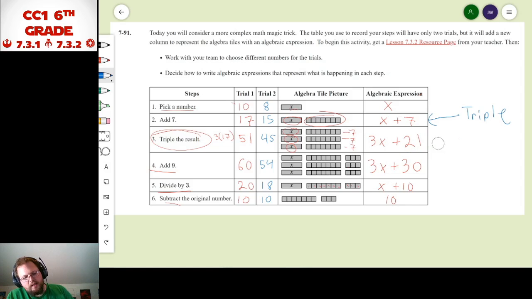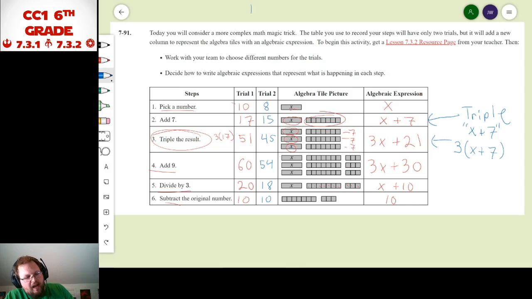When it says to triple an x plus 7, and I'm going to put that in little quotes because you're tripling the entire thing, the way that you can write this in this distributive property is 3 times an x plus 7. If you think back, you've had homework assignments that discussed the distributive property, and it might not have been something that you were even aware of that you were seeing.